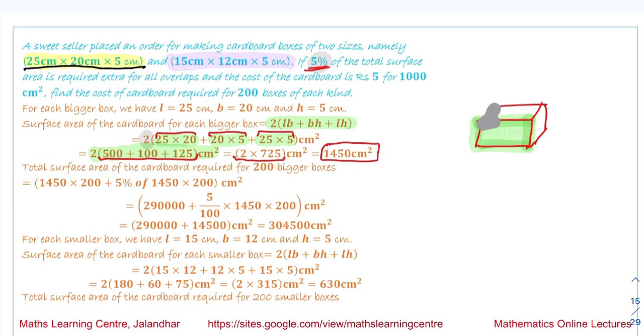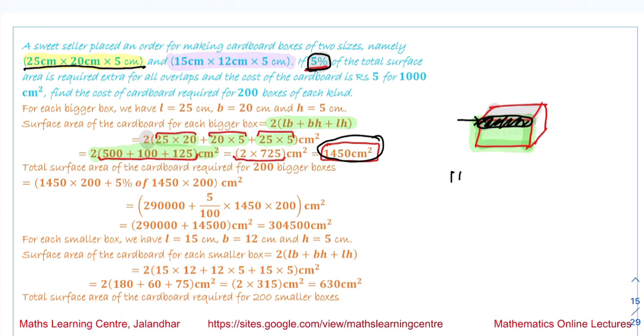So these two regions will overlap with each other to paste each other. We are saying this much portion will be pasted on each other. So for this purpose, how much extra box is required? It is 5% of the total area of the box that is required extra. So we are saying the area of the box is 1450 centimeter square. So we require 5% extra.